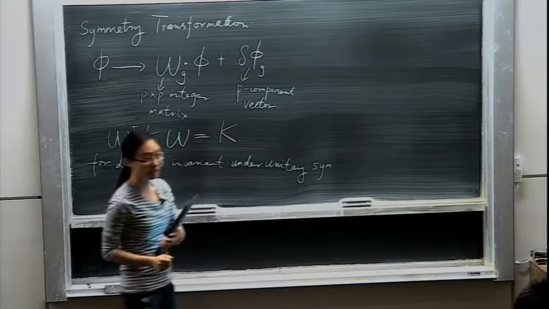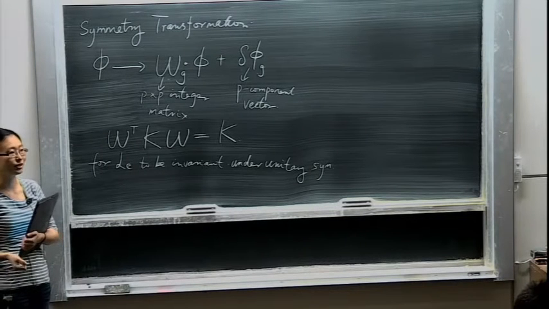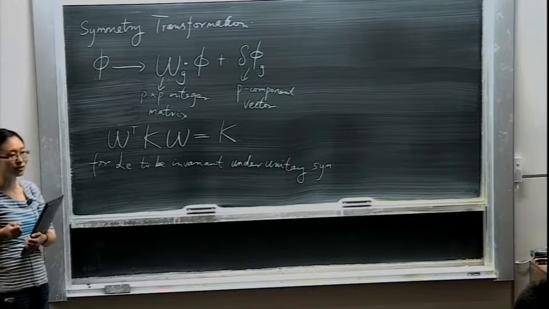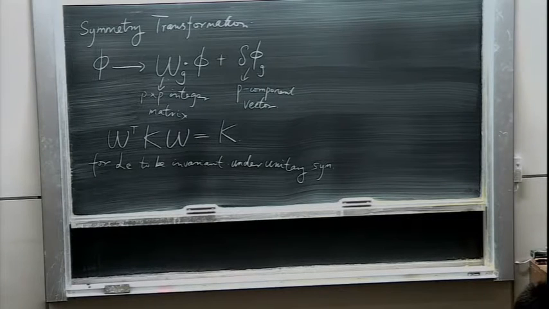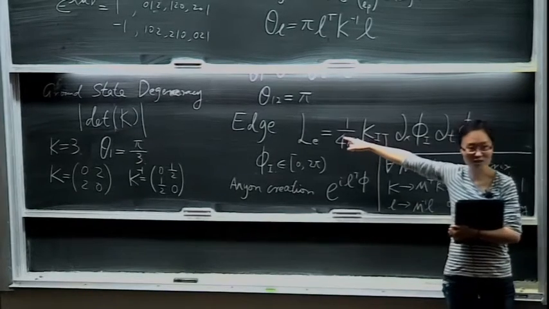On the other hand, if W is describing an anti-unitary symmetry, which involves time reversal, then there's a T here. So this T will go to minus T under time reversal, and there's an extra minus sign coming up in front of the Lagrangian.